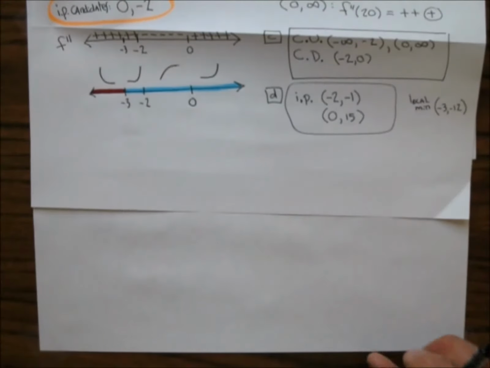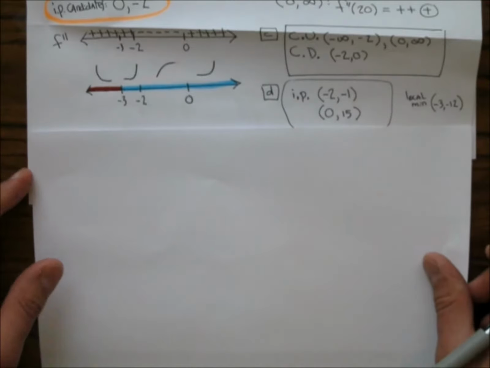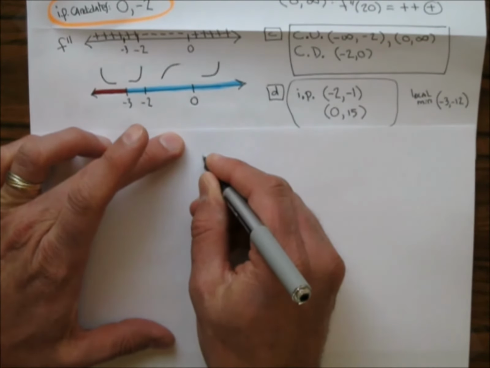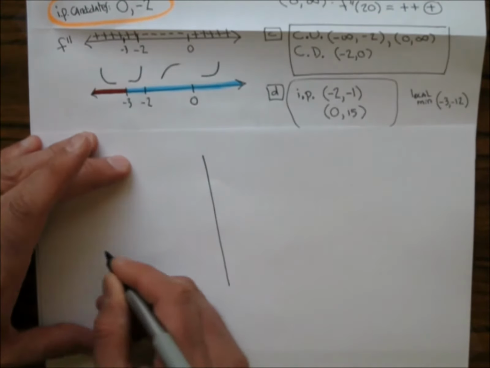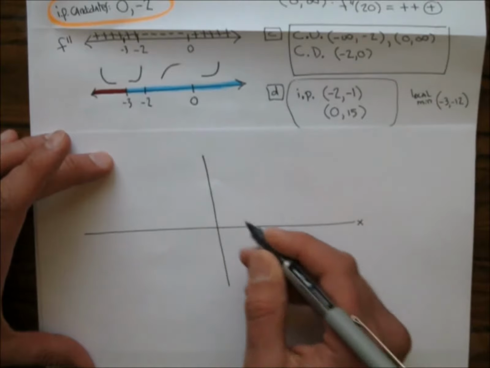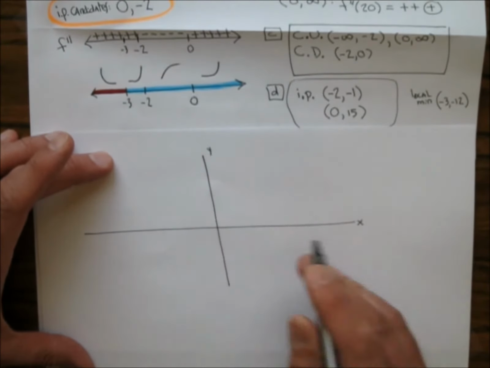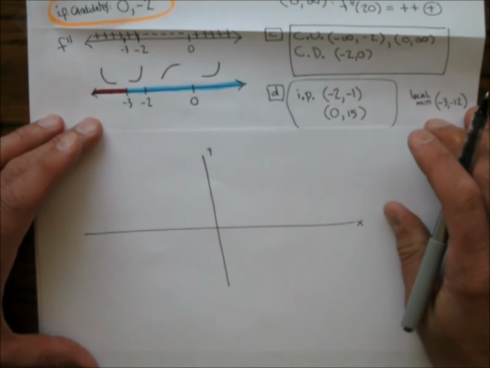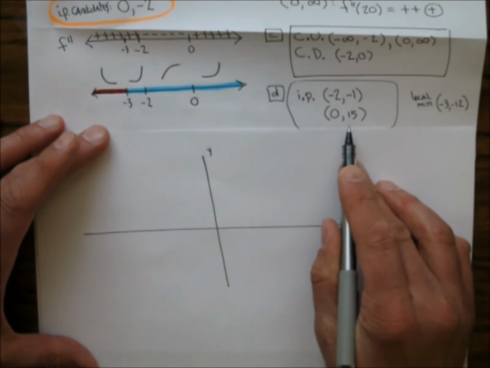I think we can draw this graph now. I hope we can draw the graph. I'm going to just use another piece of paper. And I have the y-axis, the x-axis. The scaling might be a little funky here. I have inflection points of 0, 15.